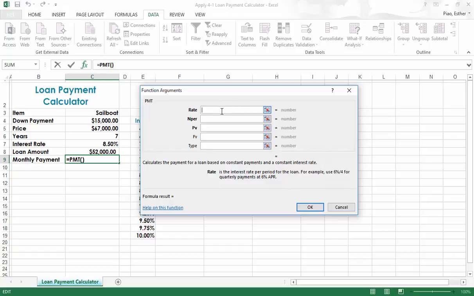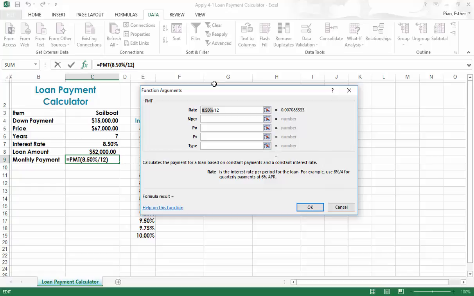We know that our annual interest rate is 8.50%. We need to come up with the monthly interest rate, which is divided by 12. Because there is a cell that contains the interest rate, we will not use the number 8.50 here.